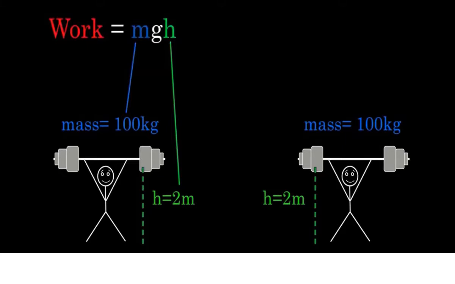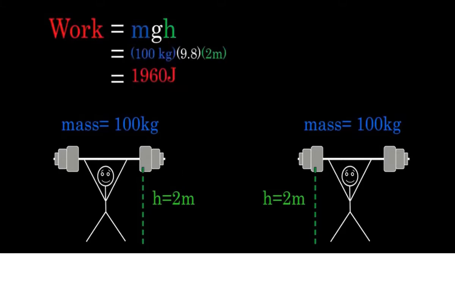Here m is the mass, 100 kg, g is acceleration due to gravity, whose value is 9.8, and h is height, whose value is 2 meters. If we put the values of mass, acceleration due to gravity and height, then we get the work done for both persons as 1960 joule.